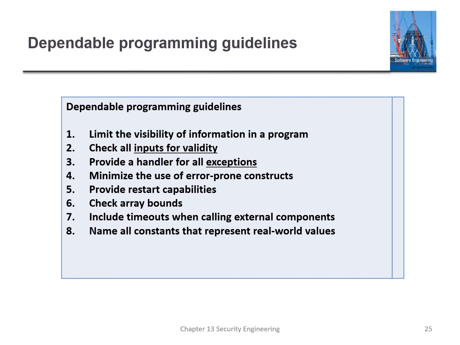And then limit the visibility of information in the program. That is achieved through object orientation, because some of the important information you make private so that not everybody is able to use it. You try to minimize error-prone constructs, code or variables that easily create errors.